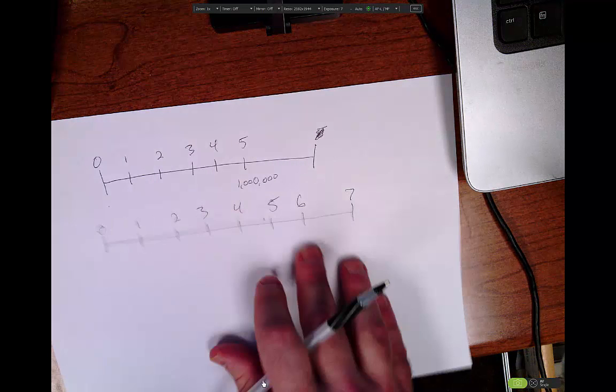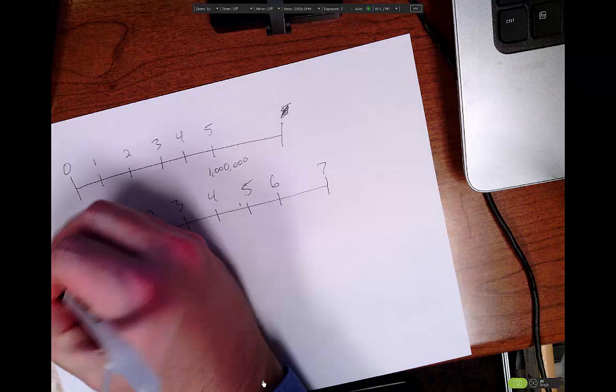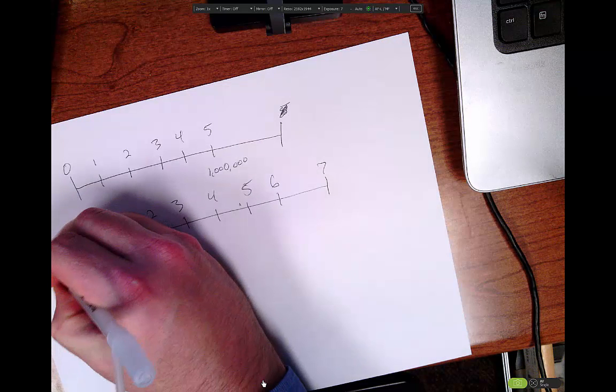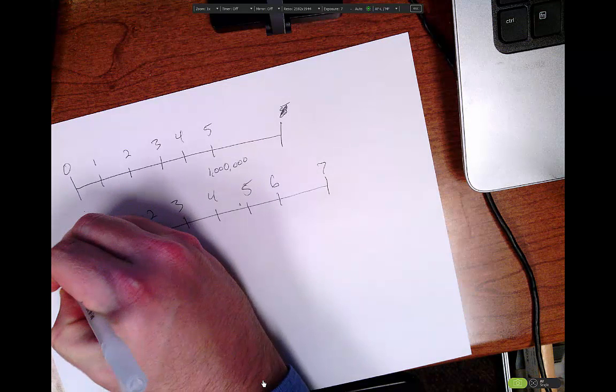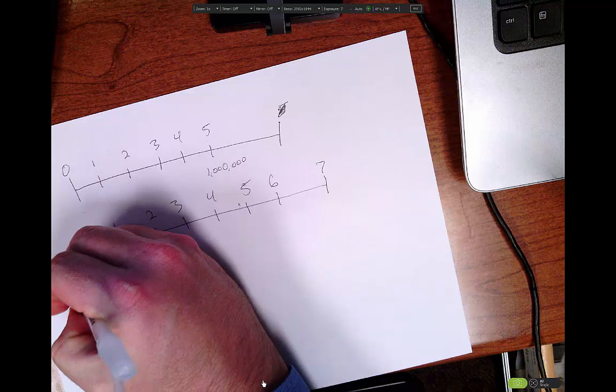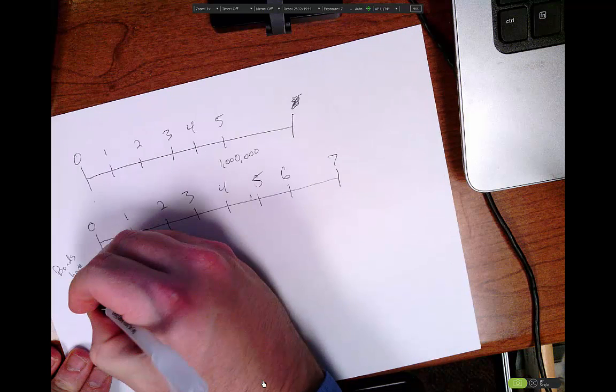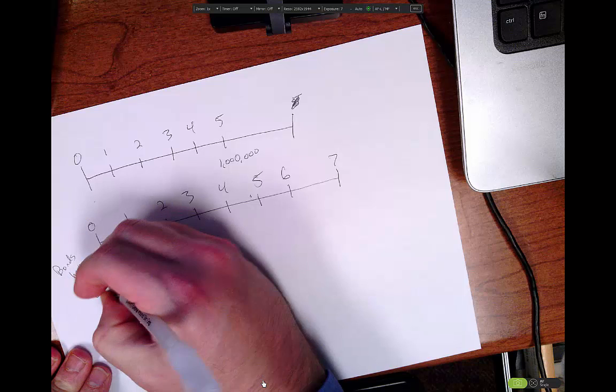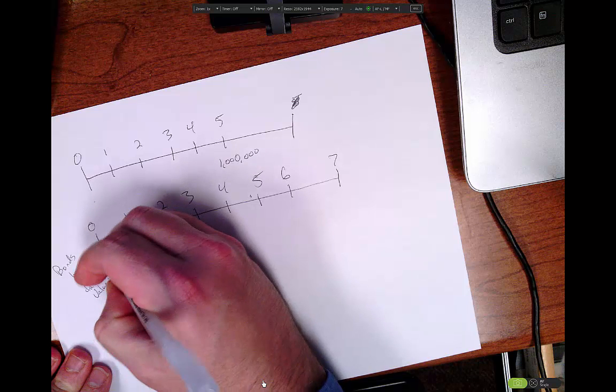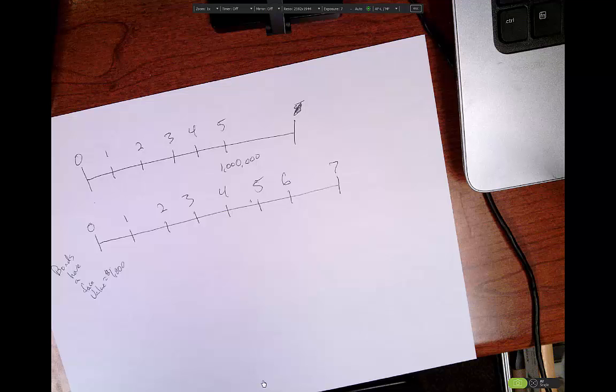Our bonds have a face value of $1,000 each. So part of what we're going to do is figure out how many bonds we need to buy.